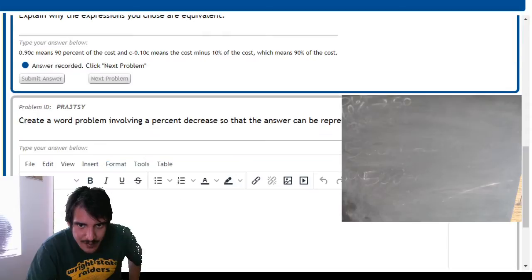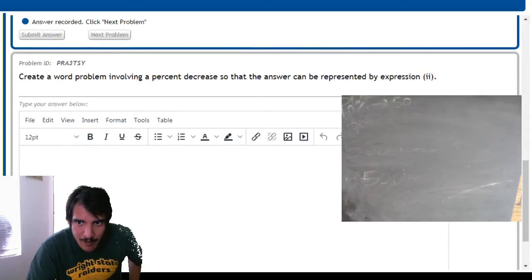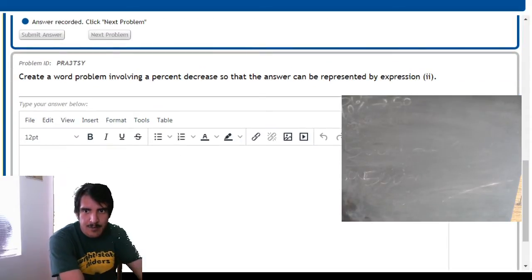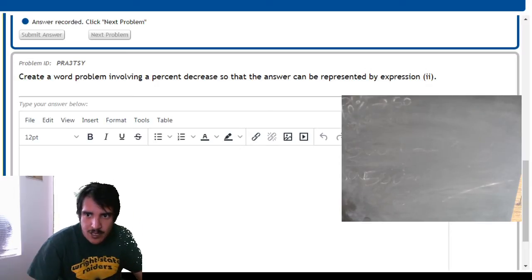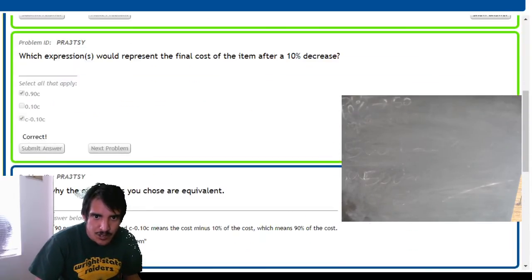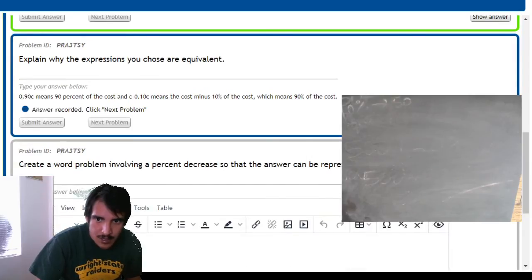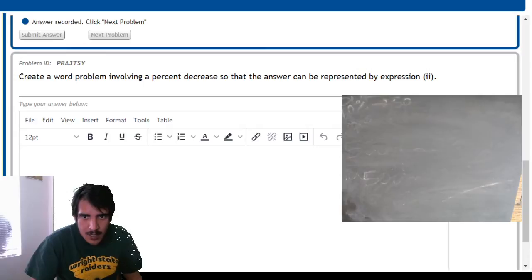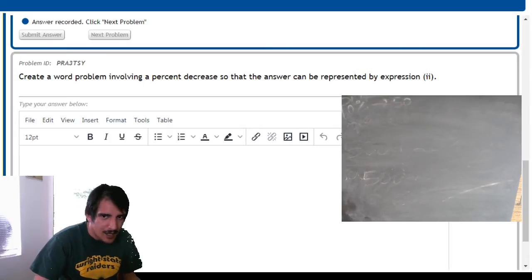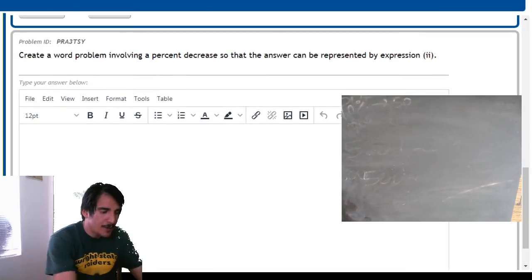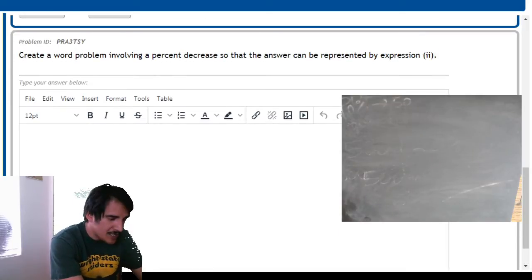Create a word problem involving percent decrease so that the answer can be represented by expression 2. Okay, I'll create a word problem. That doesn't mean that yours has to be perfect, but I'll have one. So the second expression is 0.10C, so I'm going to use that expression.